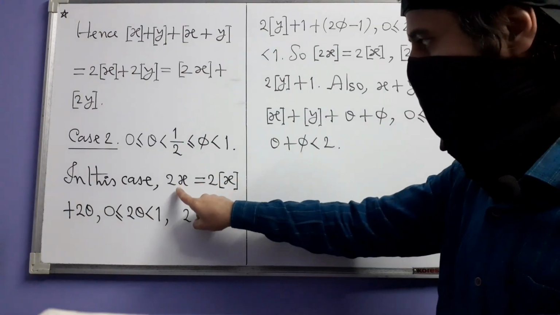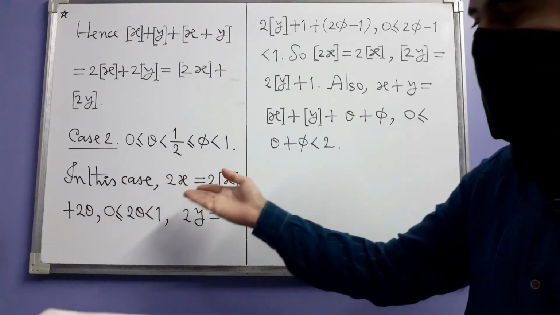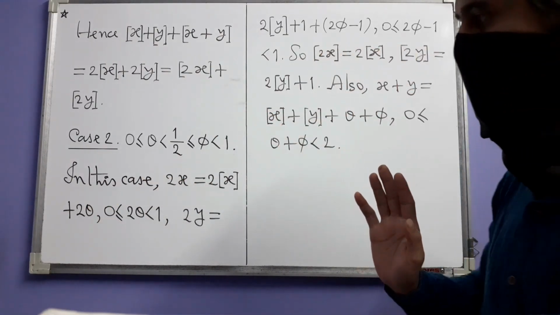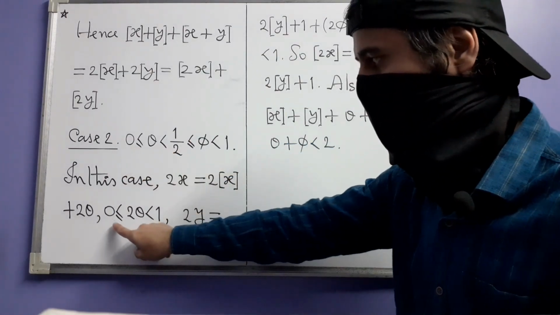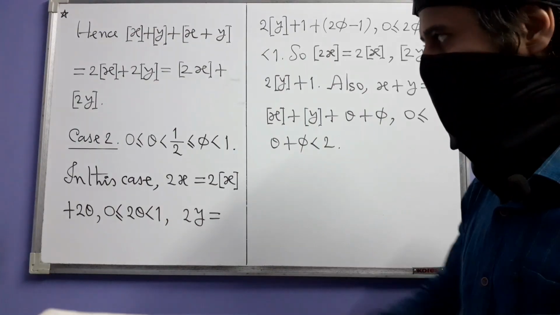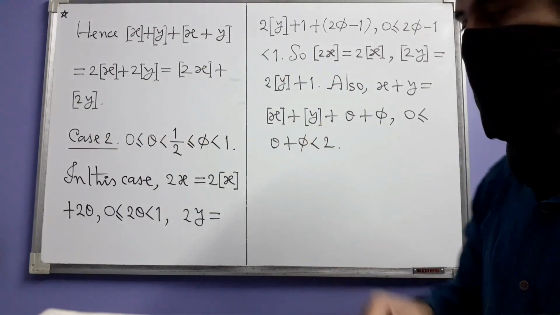That is still 2x equals 2 times box x plus 2 theta, which we obtain by multiplying the x equation on both sides by 2. And from these inequalities we again get 0 less than or equal to 2 theta less than 1, because we multiply throughout by 2.